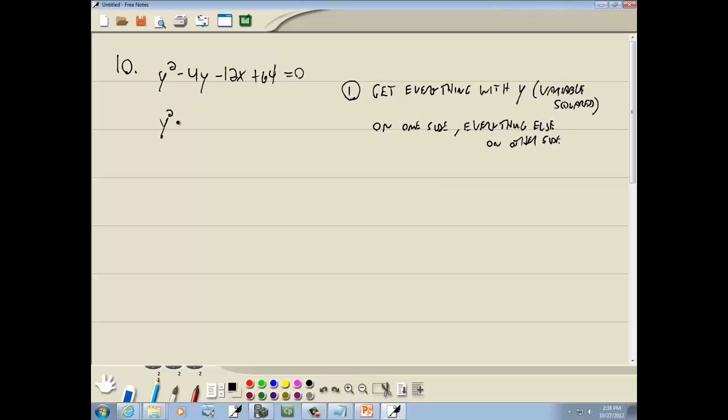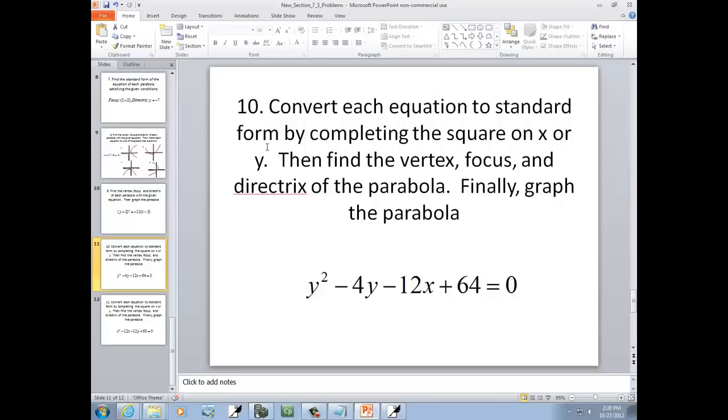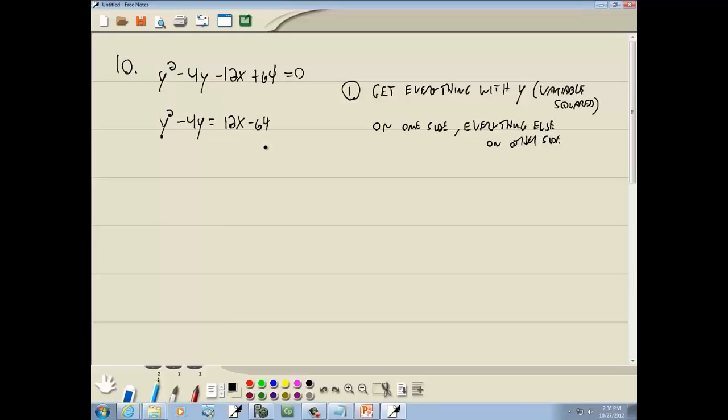So I got y squared minus 4y, and I'll take negative 12x and 64 to the right side. And the signs of them change. Take anything across your equals, your sign changes. Did I write that down right? Negative 12x, yeah I did. Huh, maybe it comes out nice.